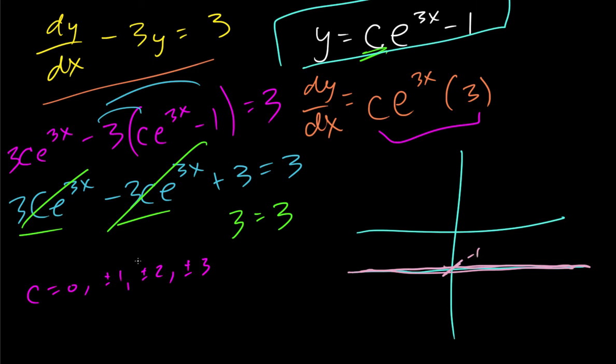Alright, if we plug in a positive 1, we'll just get e to the 3x minus 1, and so that's just going to be something that looks like this. So normally exponential functions cross at positive 1, but this negative 1 will shift it down. Now if we just make this negative 1, it's just going to flip everything upside down across that.